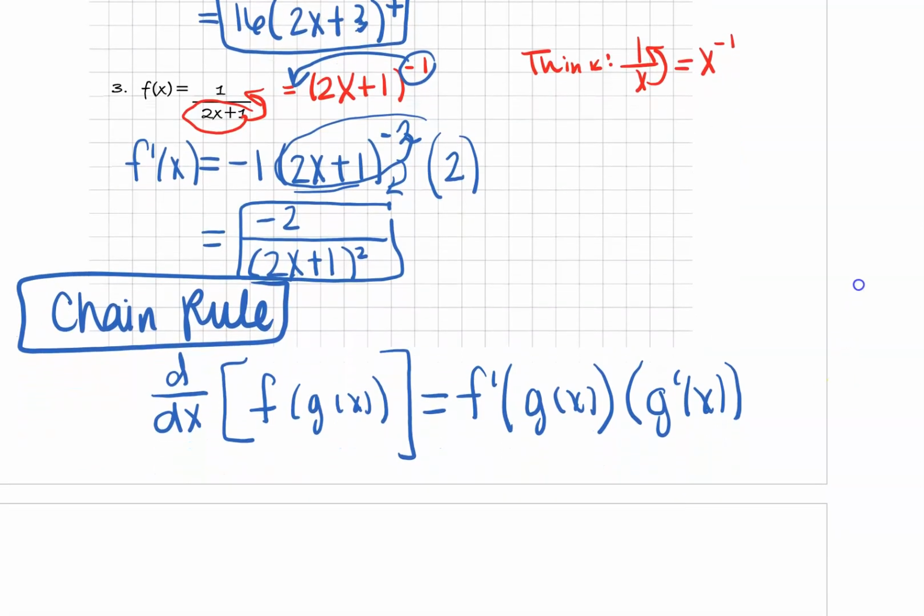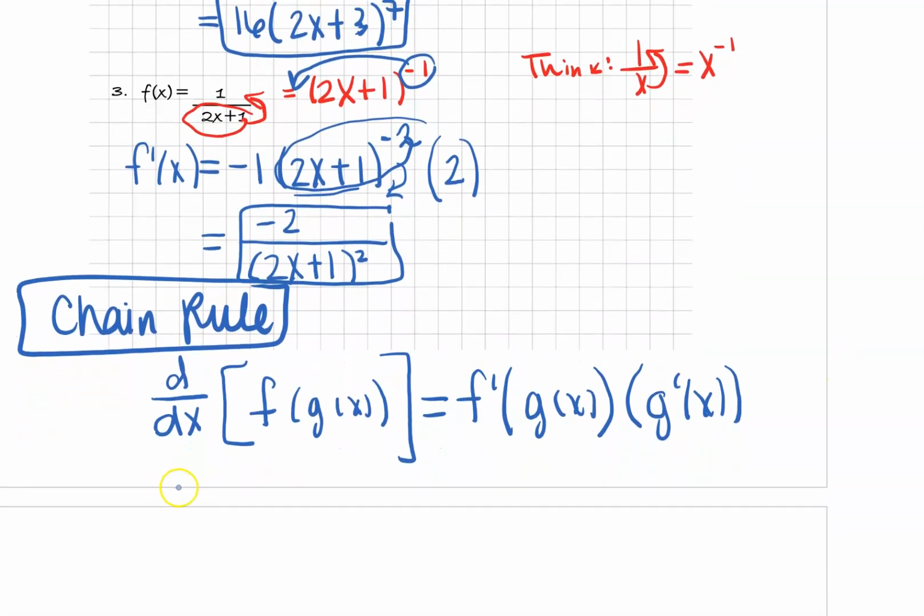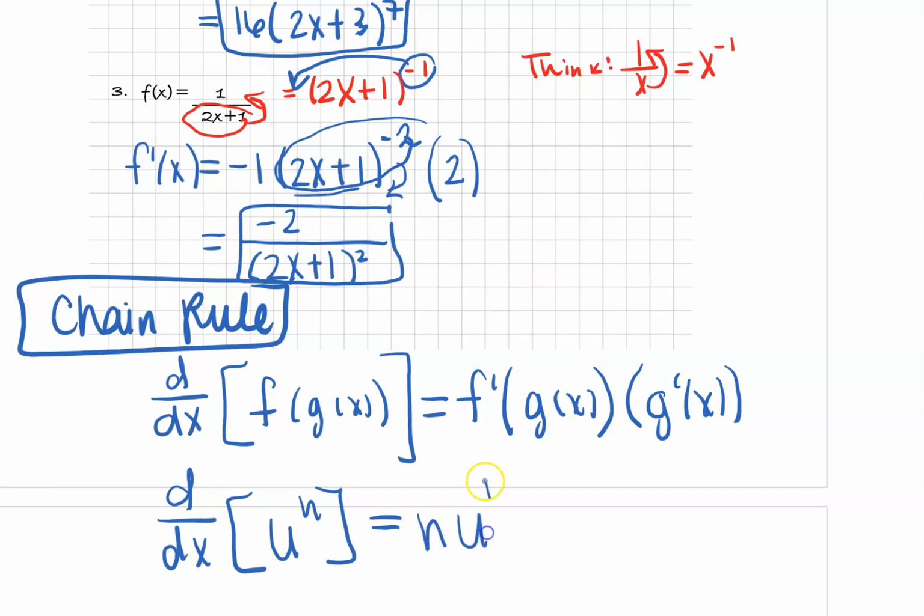If we wanted to treat that inner function like it was a singular term or a grouping, as we saw, we could even say, what is the derivative with respect to x of u to the n? That would be equal to bring the n down times u to the n minus 1 times u prime. And that's what we've been doing this whole time.